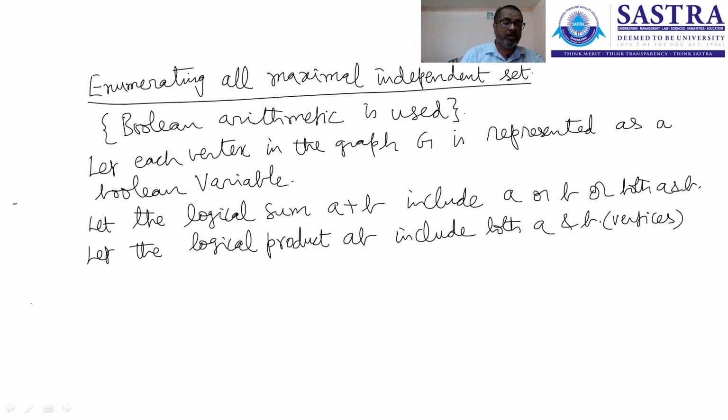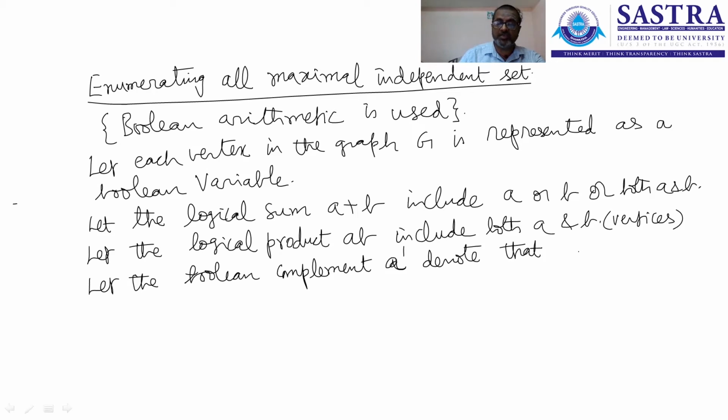Now I will also introduce another one: let the Boolean complement, because I will be using this also. A dash denotes that vertex A is not included.